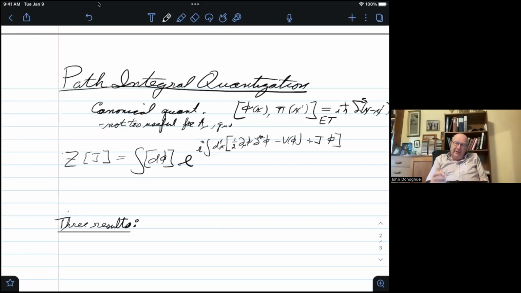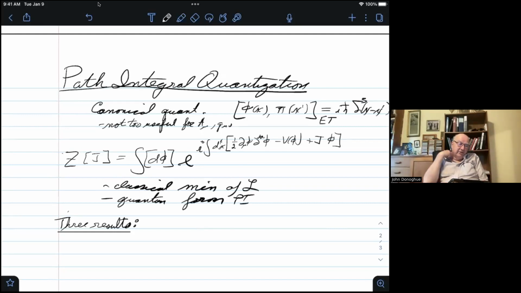So instead, it's a very different looking framework, but we define the theory by integrals over the fields, all values of the field at each point in space-time, and the e to the i times the action, and you get the classical theory from the minimum, and the quantum theory from the full path integral, from integrating over those fields.